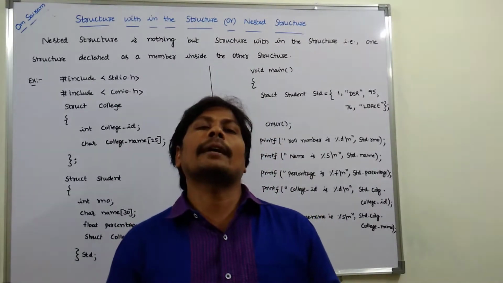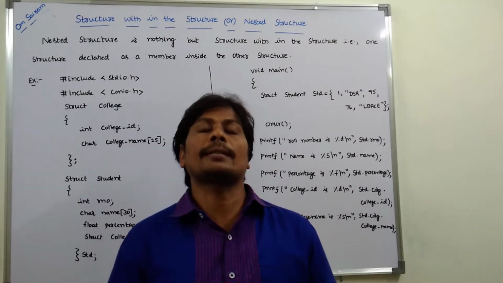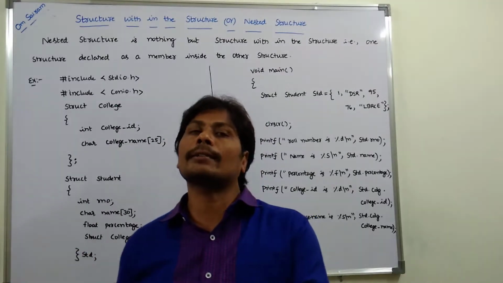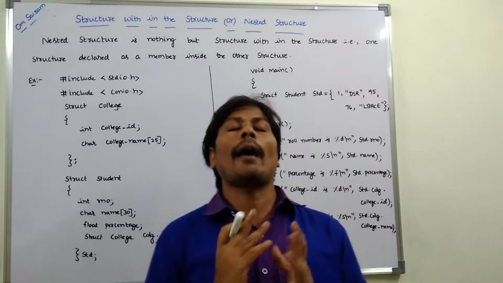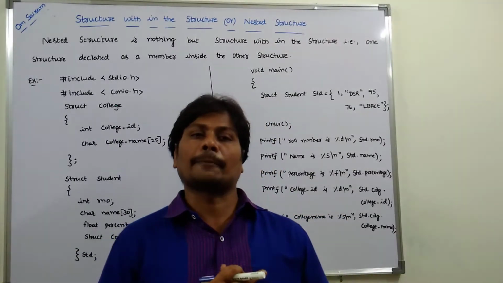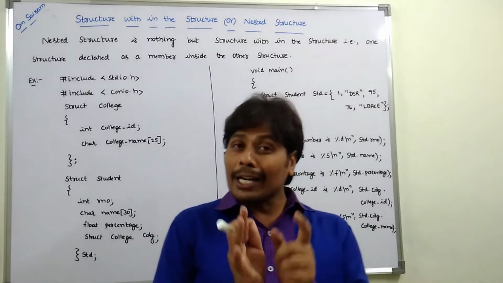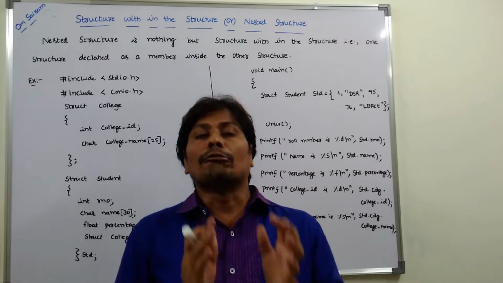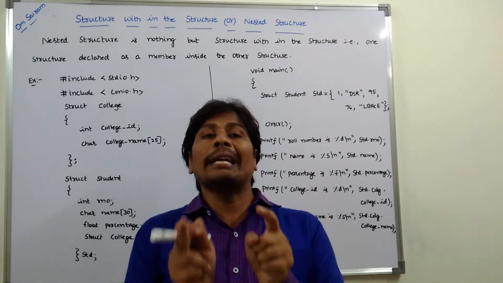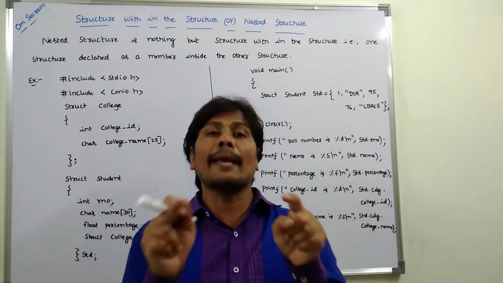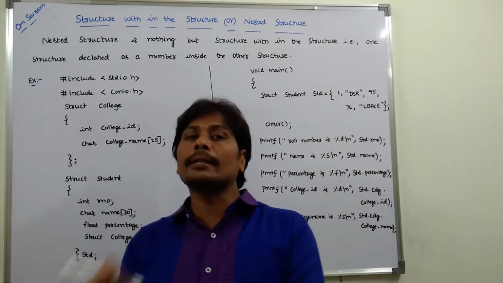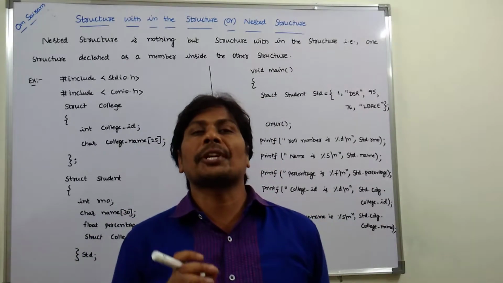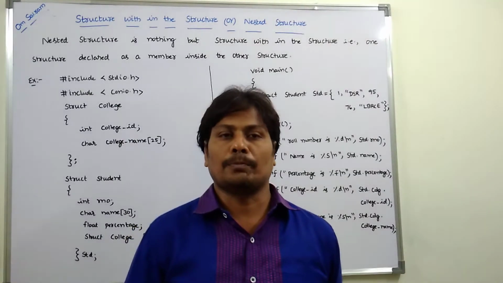Simply we can say that a nested structure is nothing but a structure within another structure. What is structure within the structure? One structure can be declared as a member in another structure.